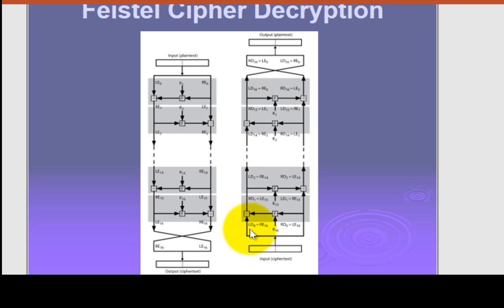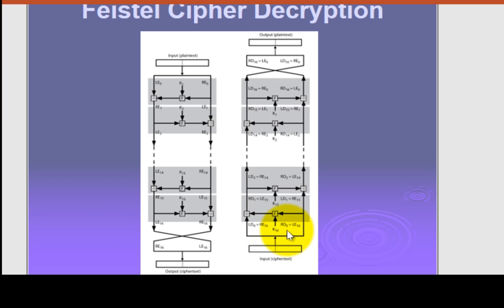This LD0 is equal to RE16 of the encryption process, and RD0 is equal to LE16.